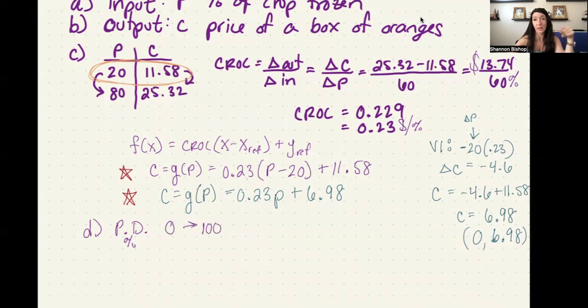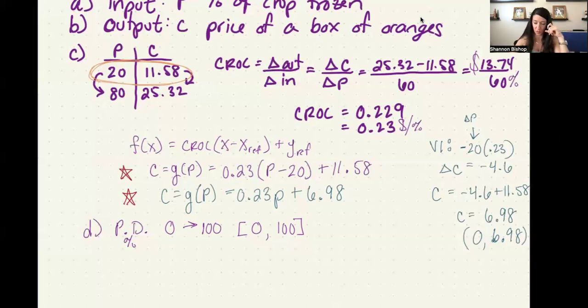Now, when you write this in notation, some of us like to use interval notation. So from 0 all the way up to 100, that would be interval notation. The brackets indicate that we are including those values. We are imagining that it's possible that nothing was frozen, and we are imagining that everything is frozen.